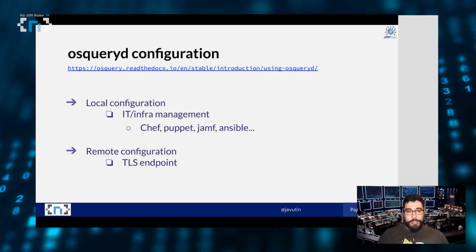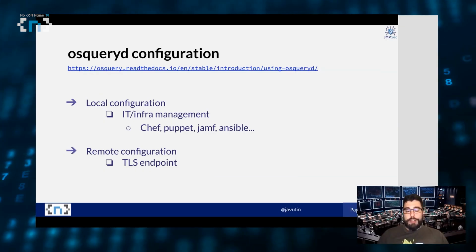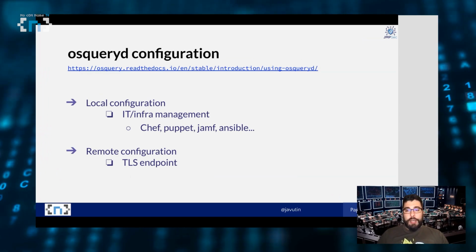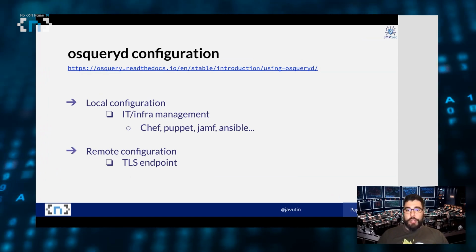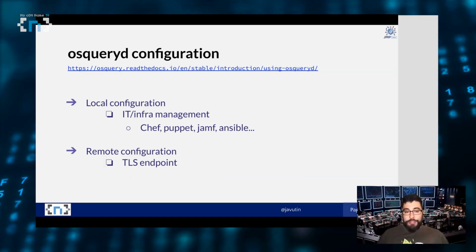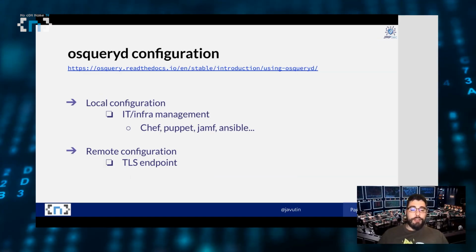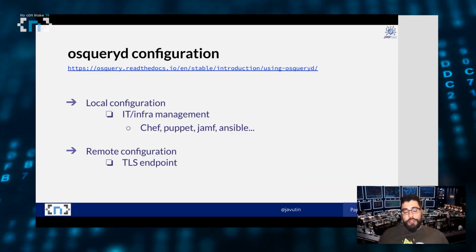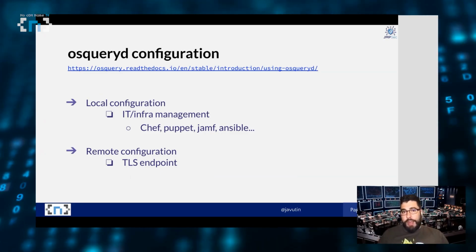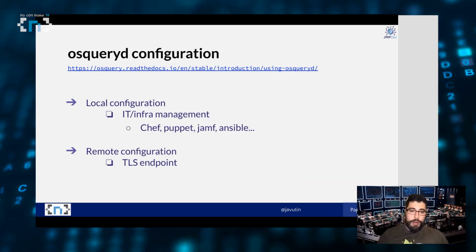The other component of the osquery daemon is the configuration that it receives to be able to do what it is meant to. Again, we have to make a distinction: local configuration and remote configuration. Local configuration is a configuration file or JSON file local to the system where osquery runs.